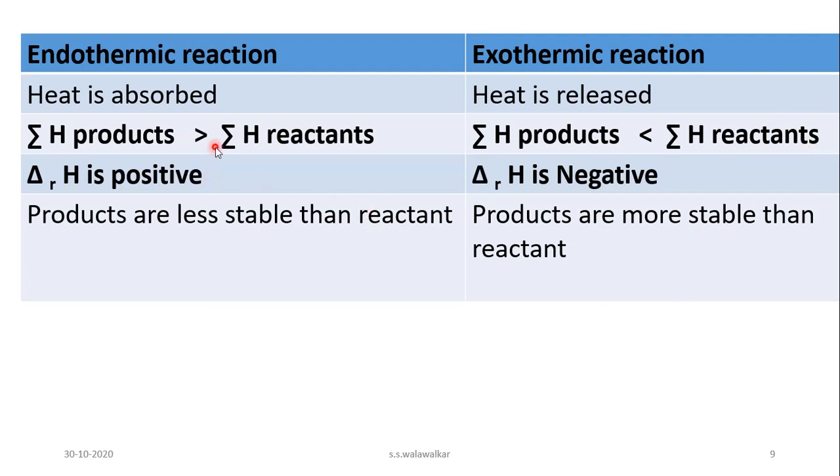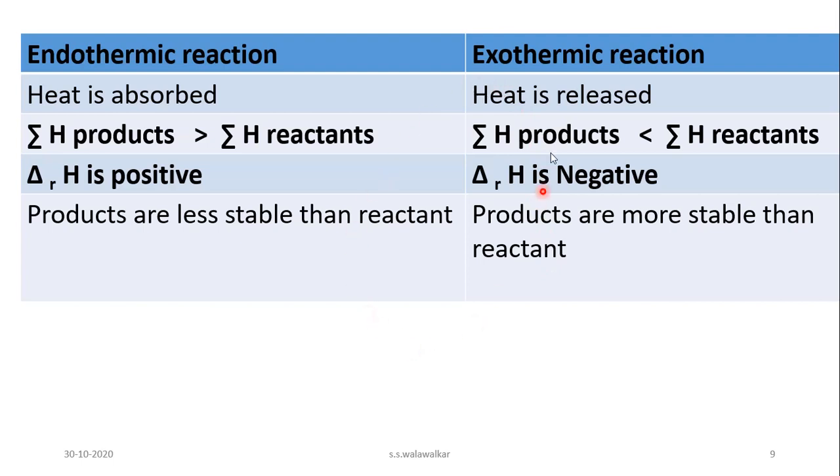In endothermic reaction, delta HR is positive. In exothermic reaction, delta HR is negative. And in endothermic reaction, product is less stable than reactant, and in exothermic reaction, products are more stable than reactant.